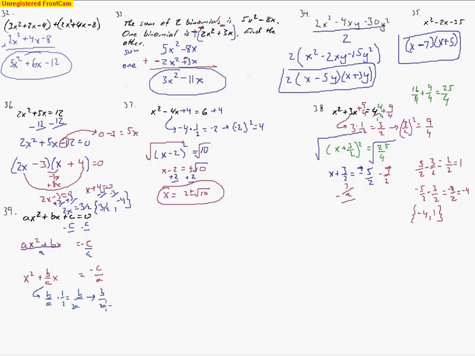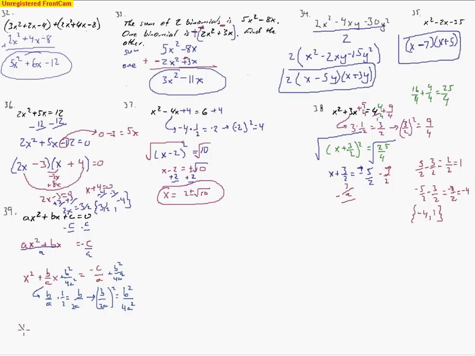So b over 2a, we square that term, we end up with this b squared over 4a squared. See, b being squared is b squared, 2 squared is 4, a squared is just a squared. Well, that's what gets added to both sides. So we add that b squared over 4a squared here, and I'm going to add that b squared over 4a squared on this side.